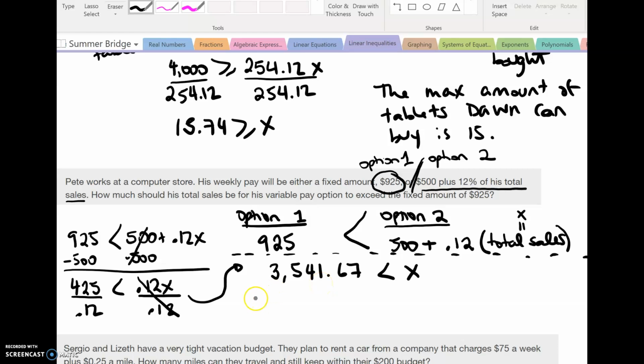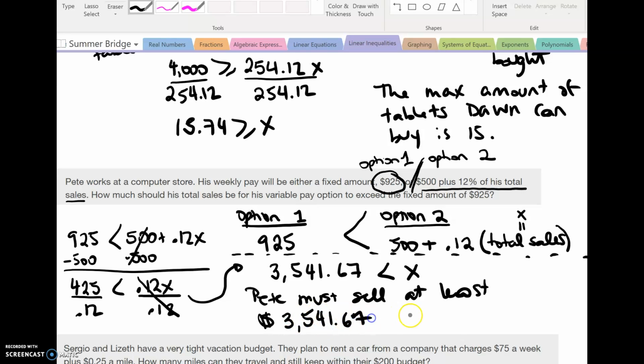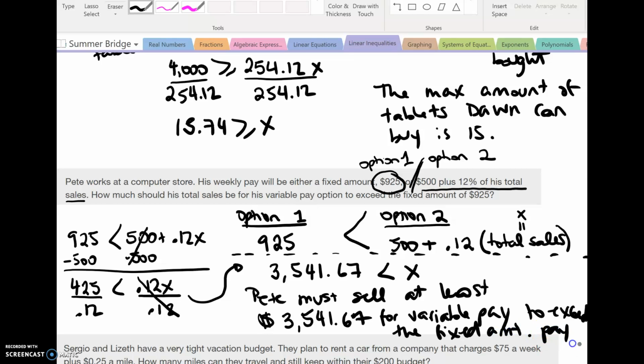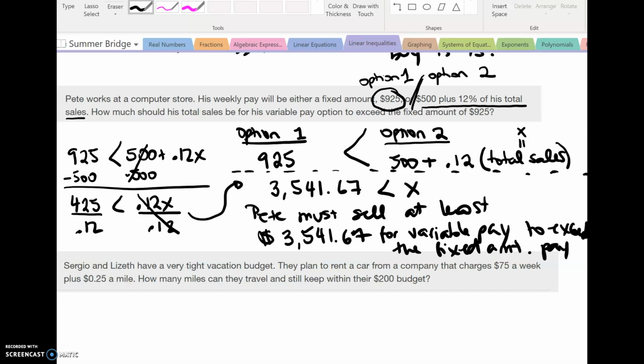Okay, so we're going to say Pete must sell at least $3,541.67 for variable pay to exceed the fixed amount. Excuse my sloppy writing.